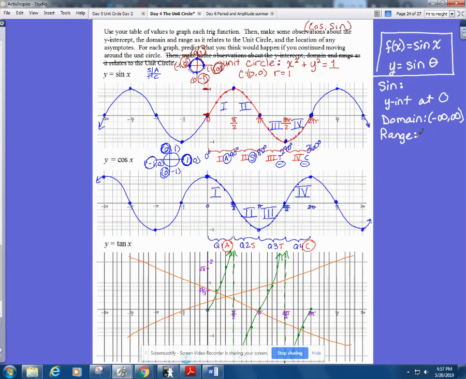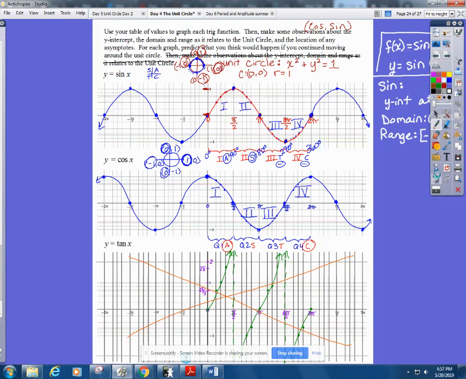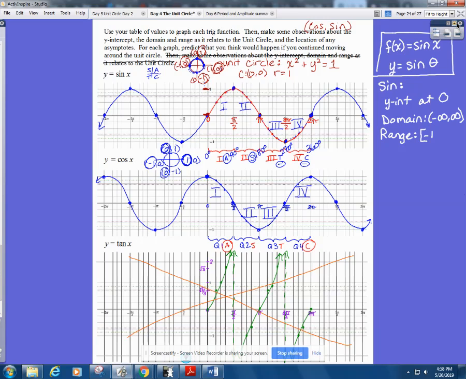So do we use parentheses or brackets? So the lowest point is -1 and the highest point is +1. Those points are both included, so the range is -1 to +1. Okay, -1 to +1 in brackets.